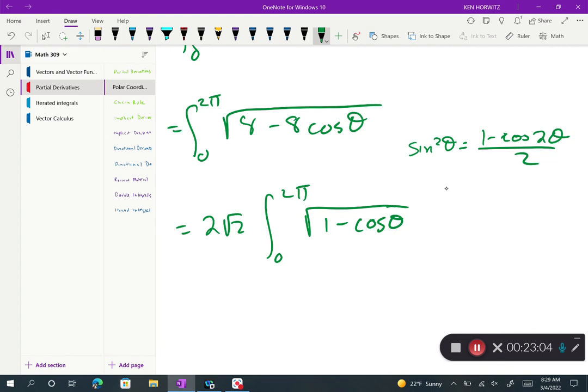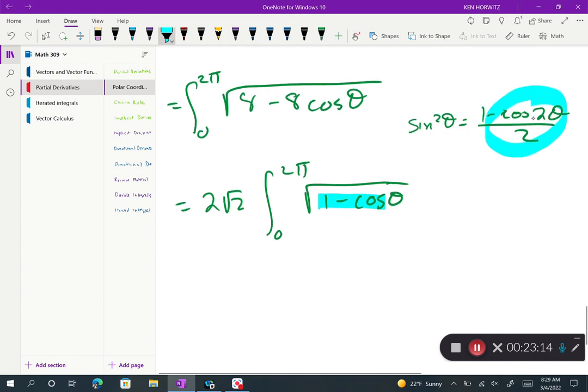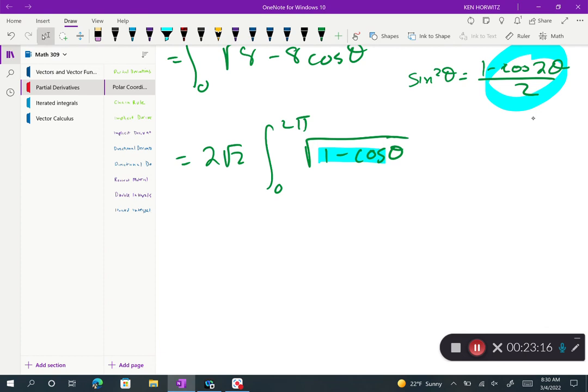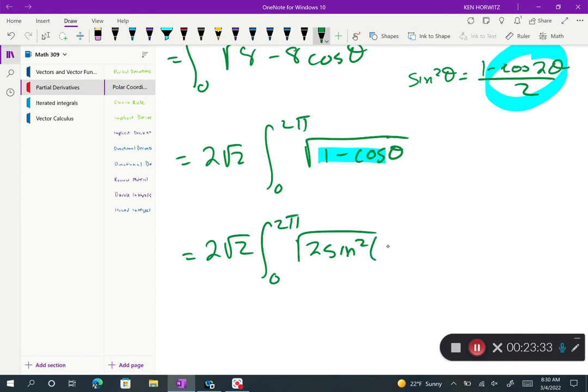So if I were to, let's say, use this formula backwards, then I could backtrace a little bit, right? And say 2 radical 2, the integral from 0 to 2 pi. And I would have the square root, and under that square root, I'd have 2 sine squared, not 2 theta, but theta over 2.